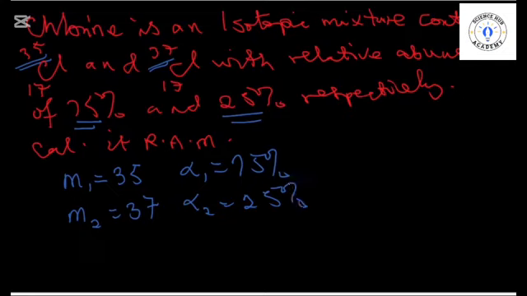With that, we can quickly estimate the relative atomic mass, RAM. Since you have two isotopes only, it is M1 alpha 1 plus M2 alpha 2.